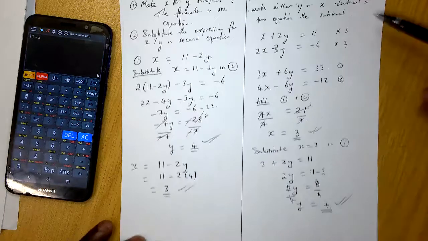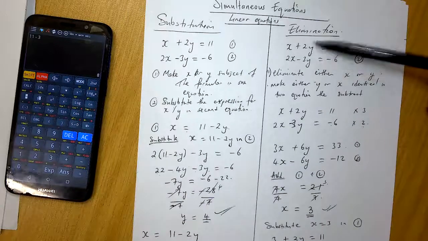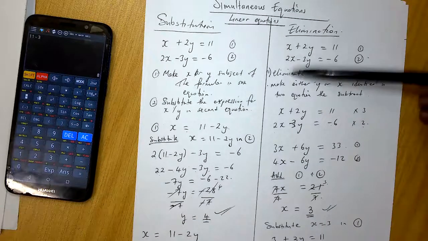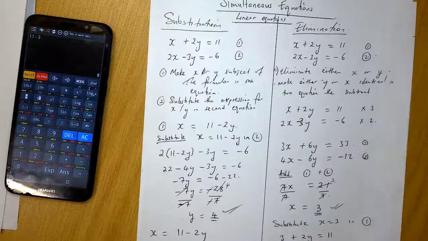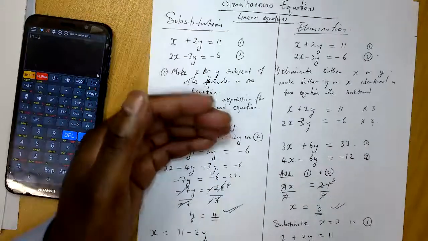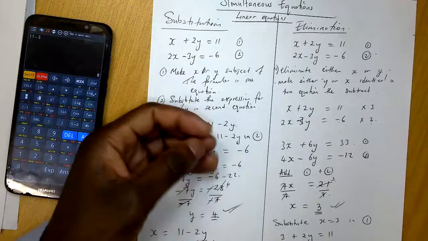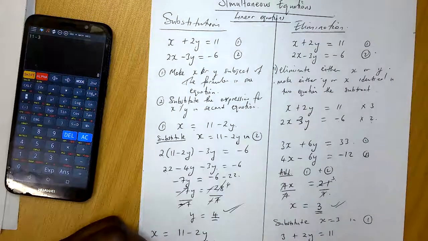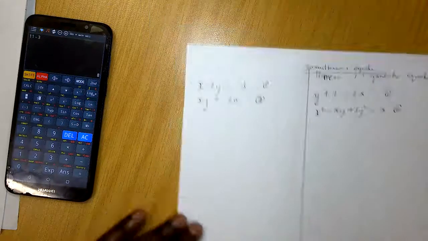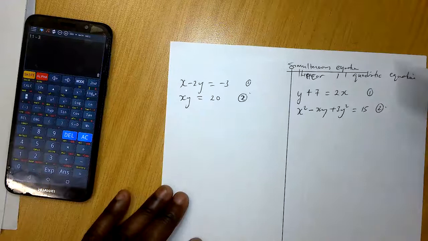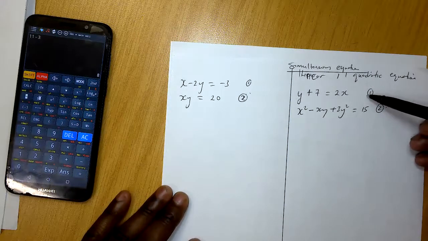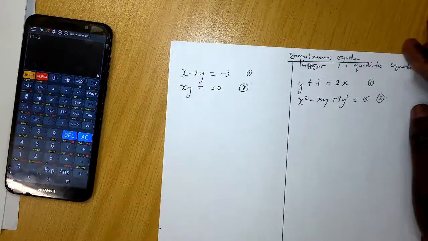So make sure that you either add or subtract, you are eliminating one of these two variables. But here is the thing now. This is what you call linear equations. In linear equations, you can use the elimination method. But you find that in some cases it's difficult to use elimination.